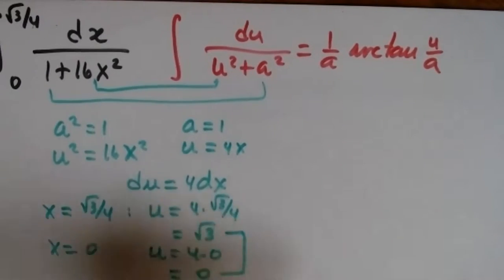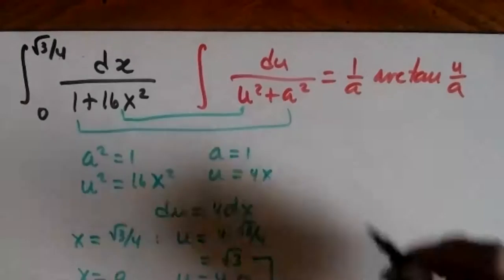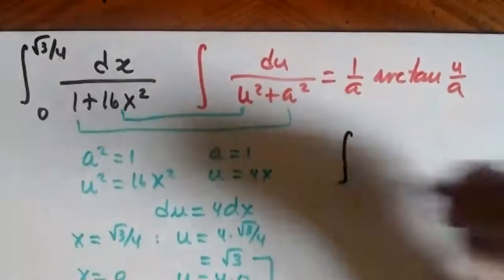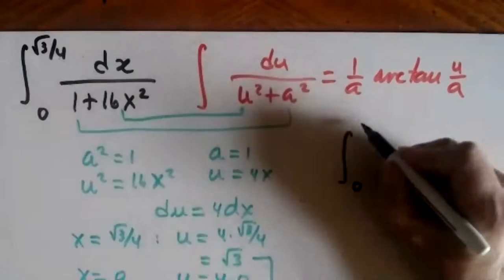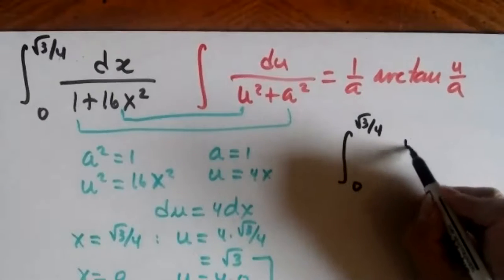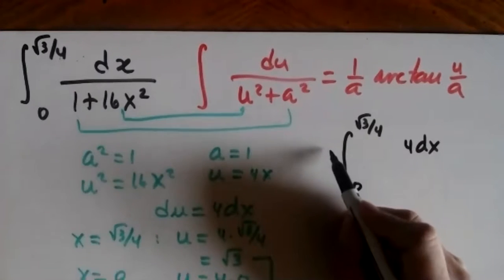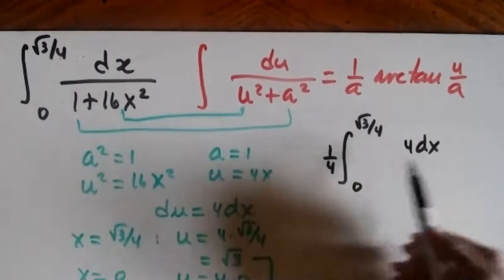So what we are going to do is write this in this format. We have the integral from 0 to square root of 3 over 4. So this is dx, this is 4 dx. Remember, I need a 4, so I write a 1/4 outside.